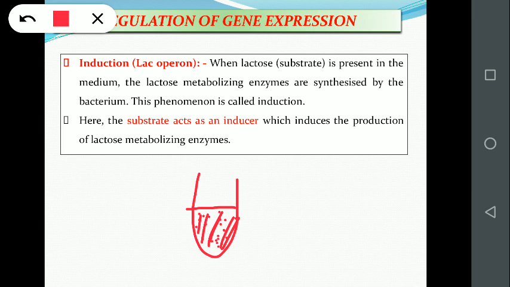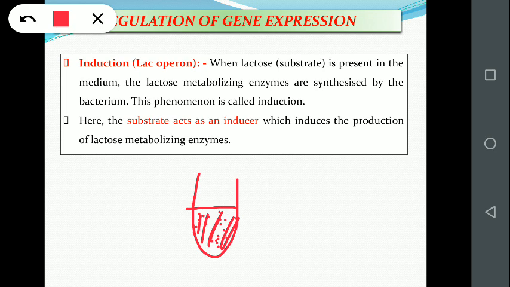The growth medium provides all the essential nutrients for their maintenance and for their growth.